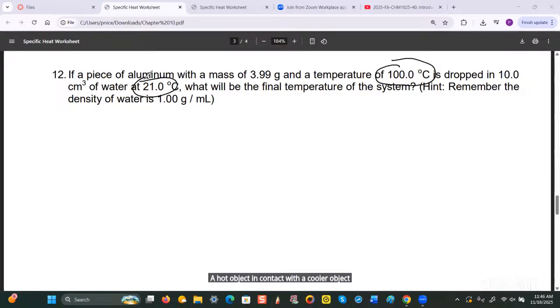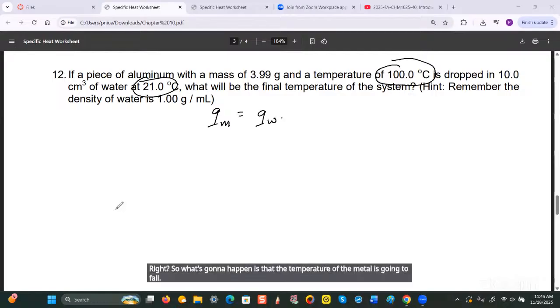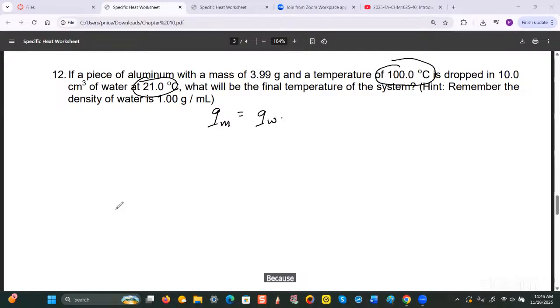So the first thing we can write down mathematically is that the heat lost by the metal will be equal to the heat gained by the water. The temperature of the metal is going to fall because it's losing heat, and the temperature of the water will rise until you get to a state we call thermal equilibrium, where the temperature of both the metal and the water are the same.